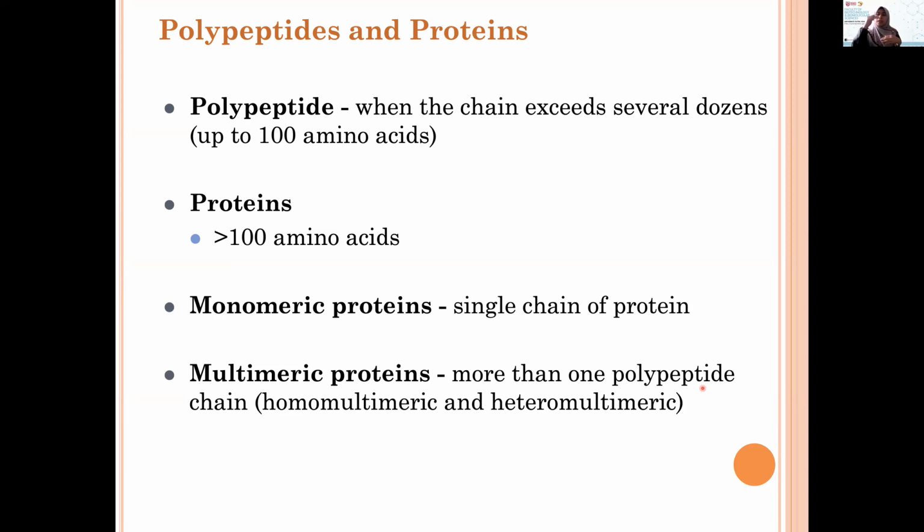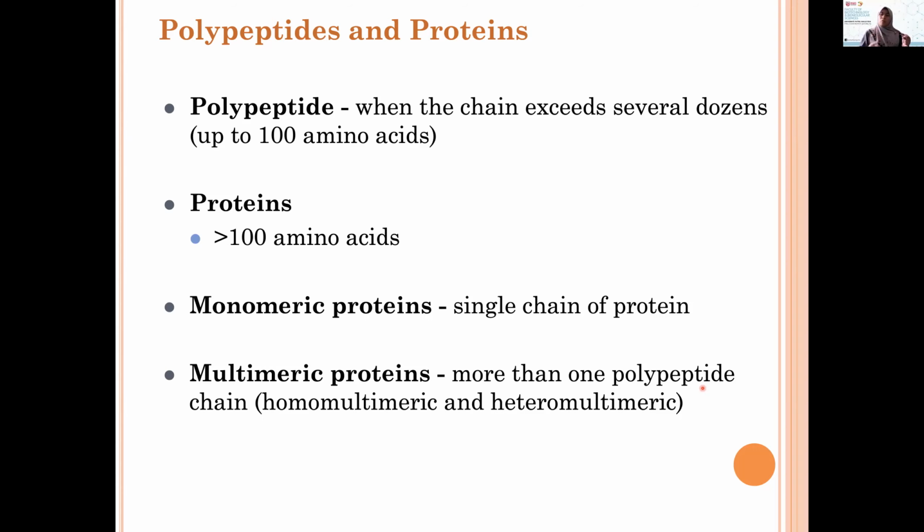So it is called heteromultimeric. It has different monomers, different proteins. We have first the alpha, second the beta chain. These two are different to each other, so it is called heterodimeric because it has 2.